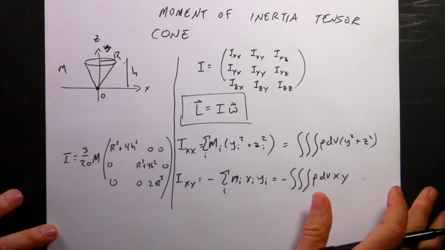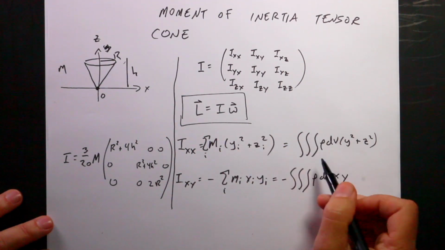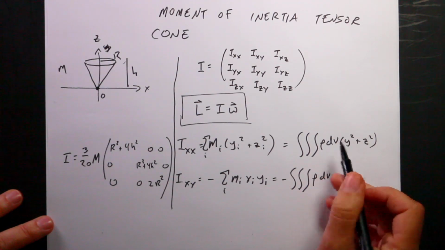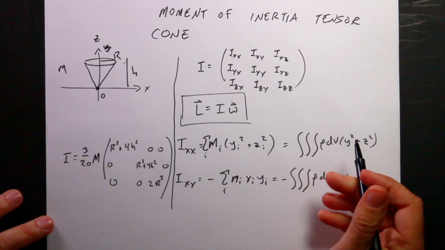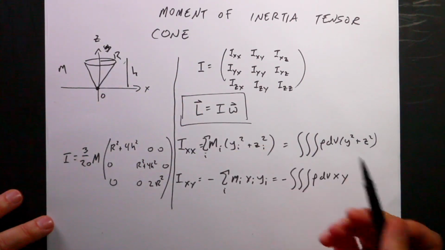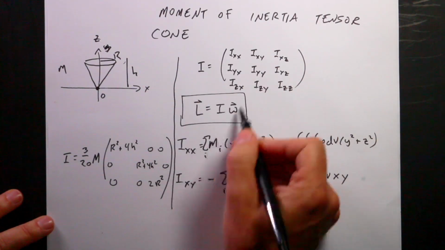You'd still have a continuation of individual masses, and that turns into an integral, and it looks like this. Rho dV is the mass of each element piece, and dV is the volume element. And I just put it this way because if I was doing this, I would do it in cylindrical coordinates, so that's why you have that. Now for the off-diagonal elements, this gives you all of those elements.